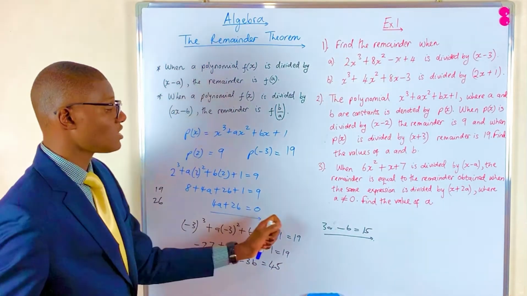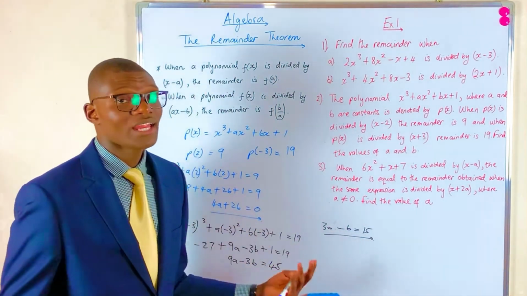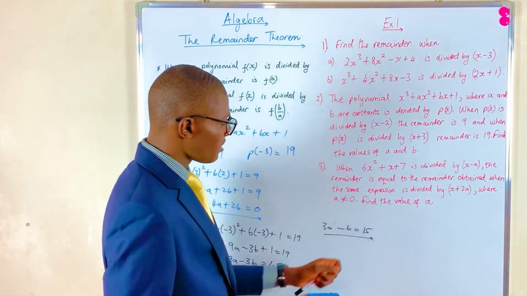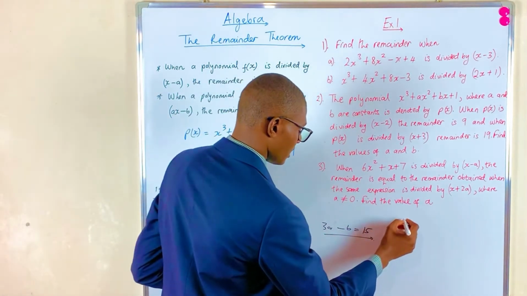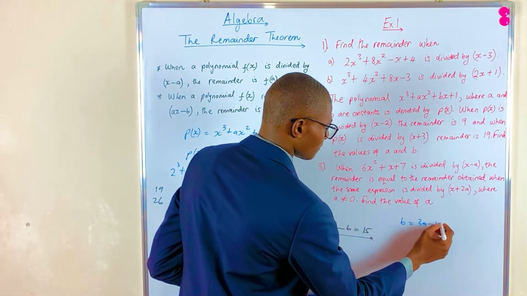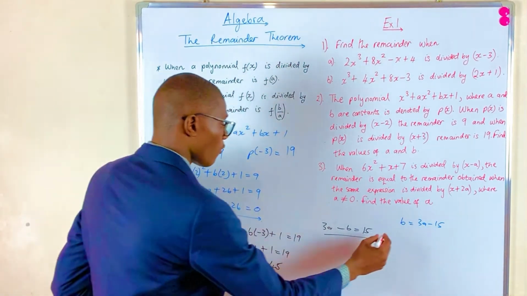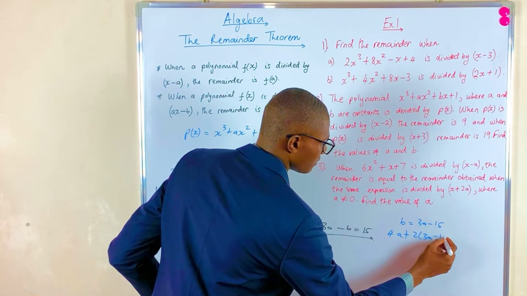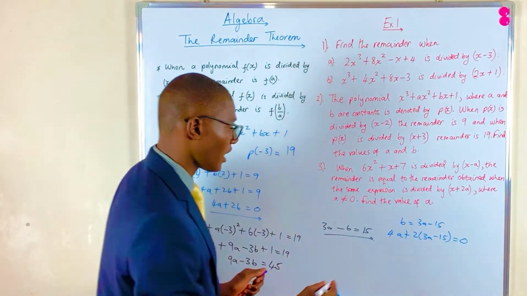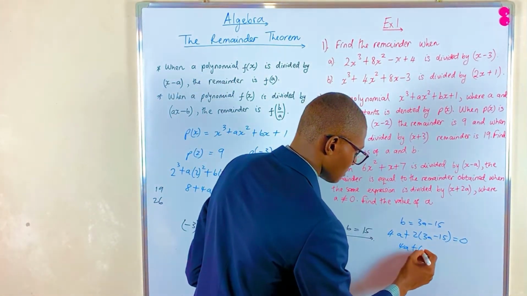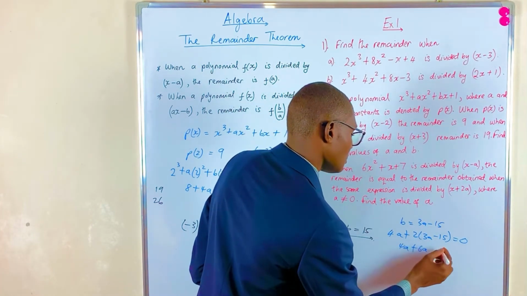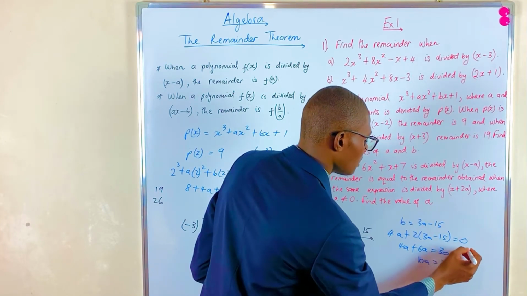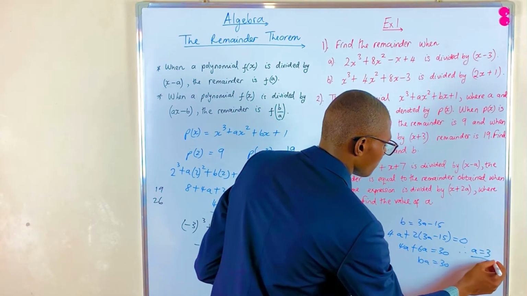So we're going to use these two equations to solve for a and b, and we can do that simultaneously using the substitution method. Because here we can simply make b subject of the formula to get b is equal to 3a minus 15, and we're now saying 4a plus 2 times 3a minus 15 should give us 0, and 4a plus 6a, right, is equal to 30, and 10a being equal to 30, this implies that a is equal to 3.